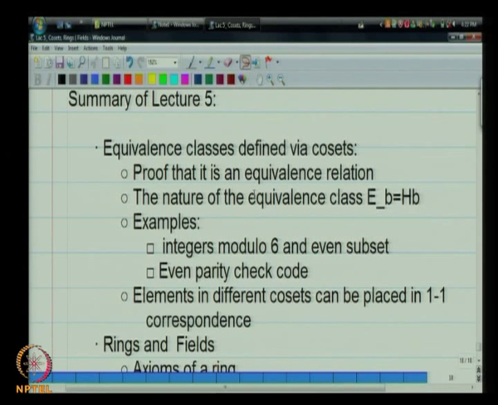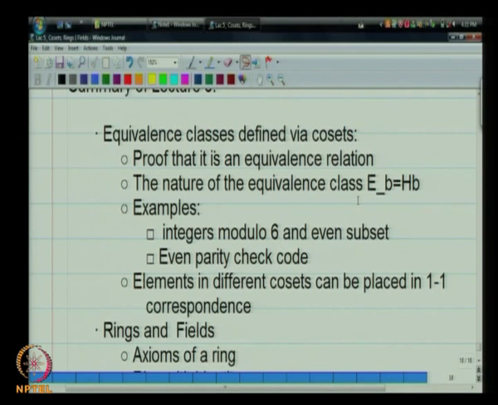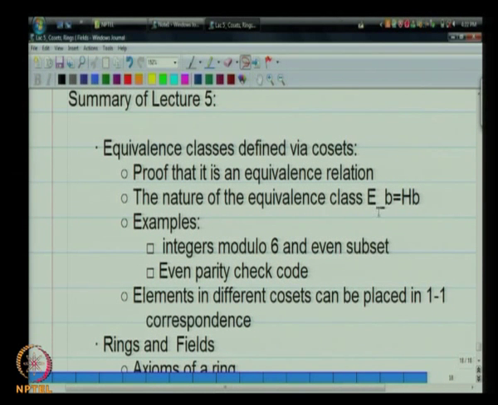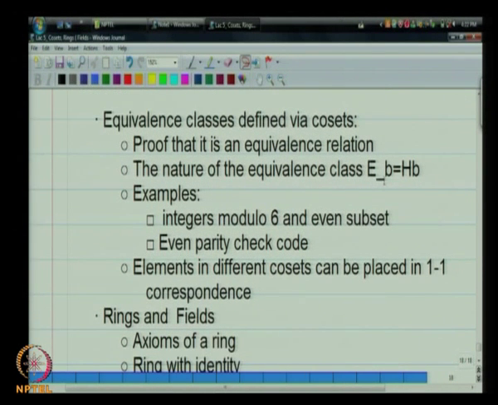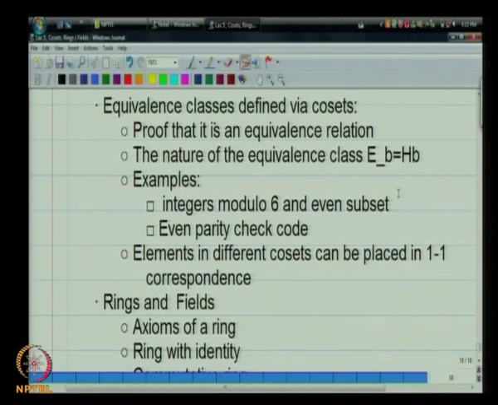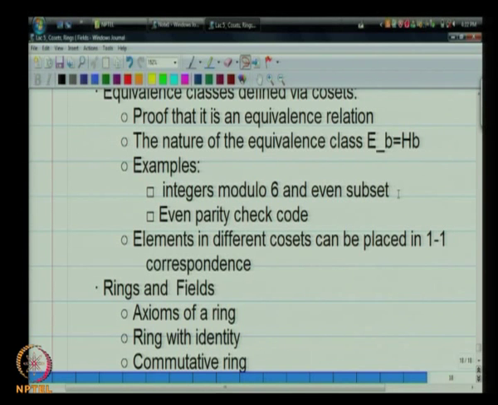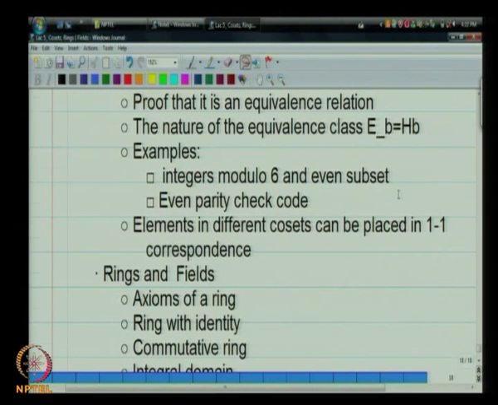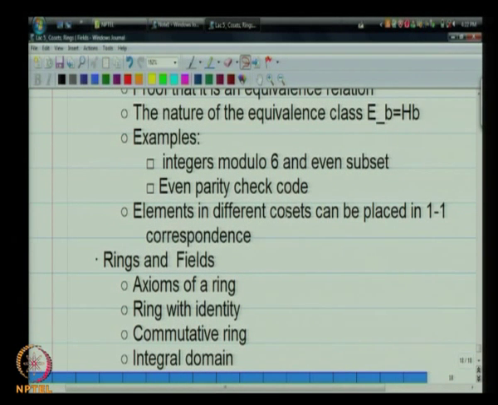Those equivalence classes that arose from groups, we looked at the structure of an equivalence class that arises in that manner. We looked at some examples, then we showed that elements in different equivalence classes can be placed in one-to-one correspondence.